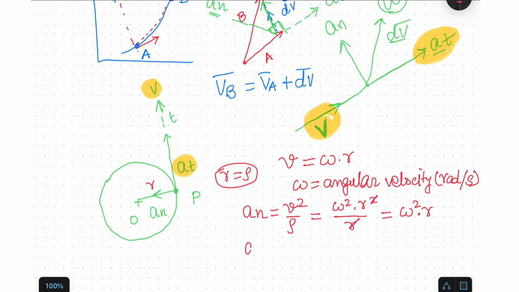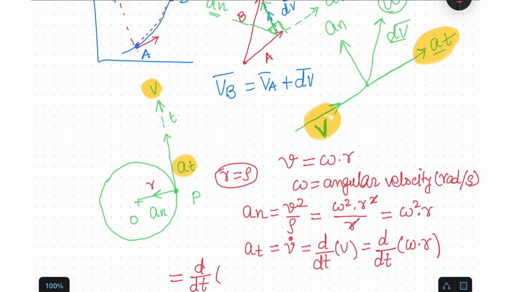And for the at, you know that at is v prime. And v prime means d by dt of v, and v is omega r. So in that case I can write d by dt of omega r. Omega is the angular velocity, so I can write omega as theta prime.